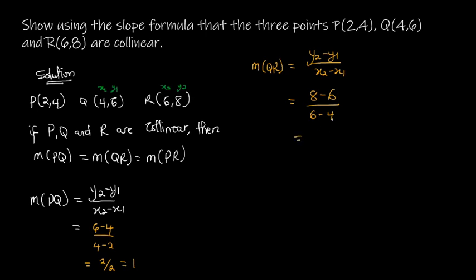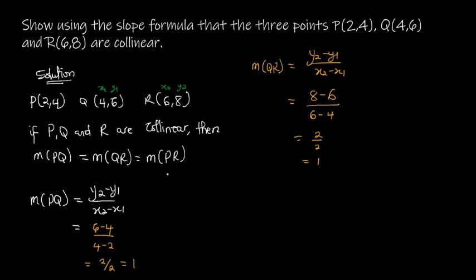So 8 minus 6 gives me 2, 6 minus 4 also gives me 2, and this is equal to 1. So already we can see that the gradient of PQ and the gradient of QR are the same.